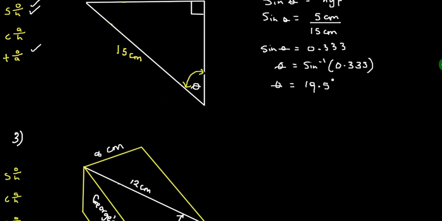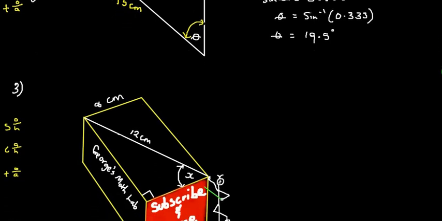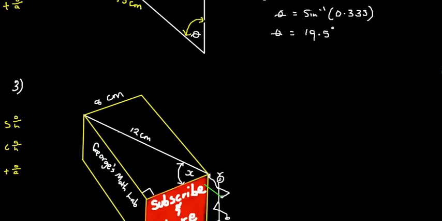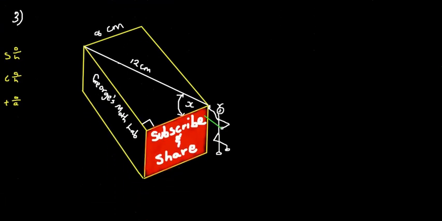So just to recap, when finding the unknown angle in a right angle triangle, given two sides, we identify the sides that we are given, and then that will say exactly whether you use sine, cos, or tan. So we're moving on.